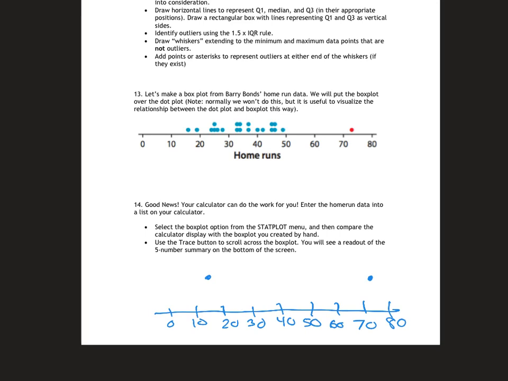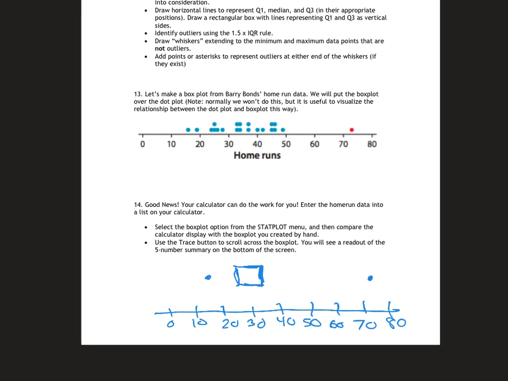And so those are going to be the end of my whiskers, but let's create the middle, the box. So the very middle of the box is the median, which is 34. So we've got about here. So that's going to be my median. And then the box is going to extend to the left to my Q1, which is 25.5. So that's going to be one part of my box. And notice the line's going to divide the box, which really is a rectangle, into two separate parts.